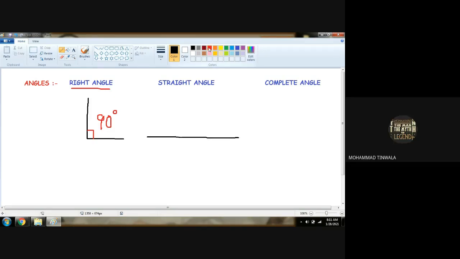Very good, boy. You are absolutely right, beta. 180 degree. The angle which is forming a whole line, that is known as a straight angle, or we can say 180-degree angle. Okay? Yes. Then what do you mean by complete angle?